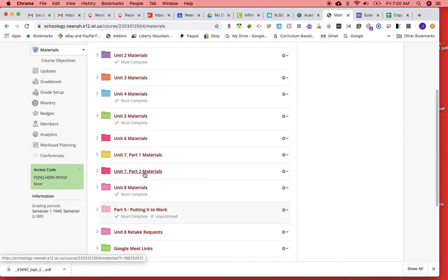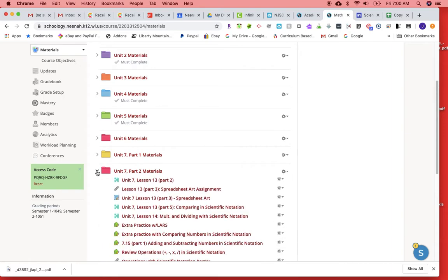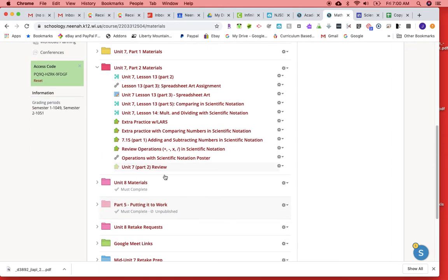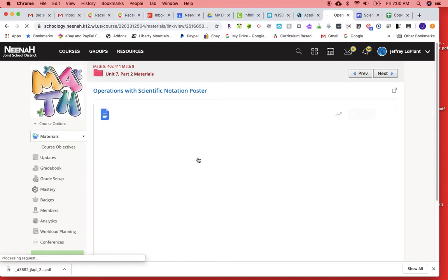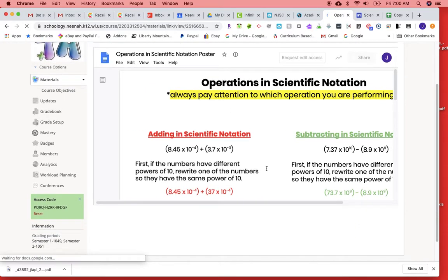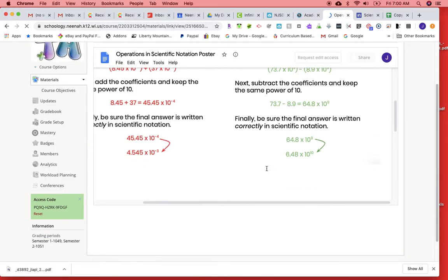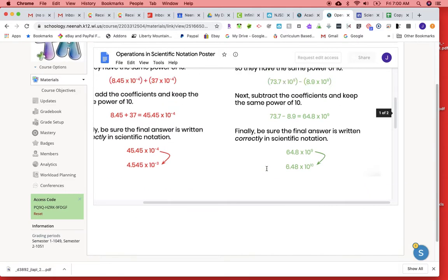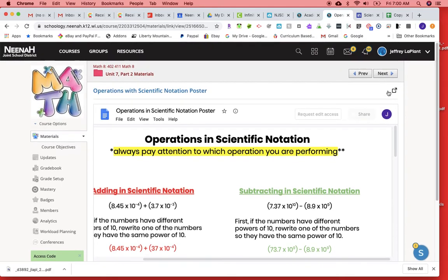Under Unit 7, Part 2 materials. And we're looking at this Operations in Scientific Notation poster. So you can utilize this. And this is going to help you when you're adding, subtracting, multiplying, and dividing. So I'm going to open this one up a little bit further.